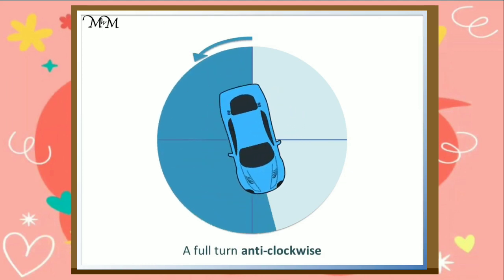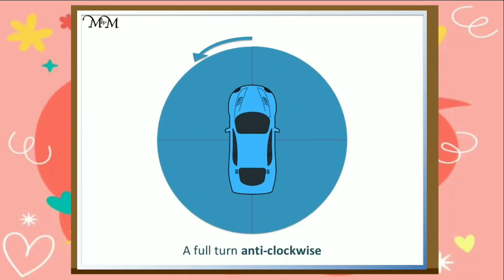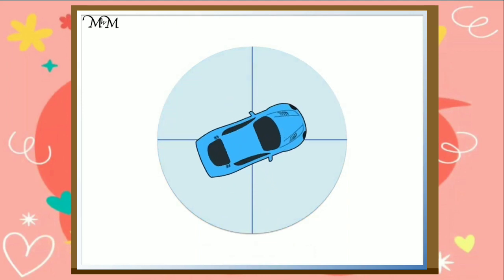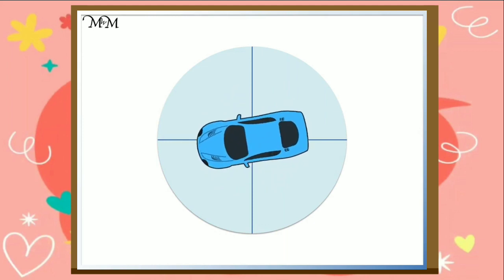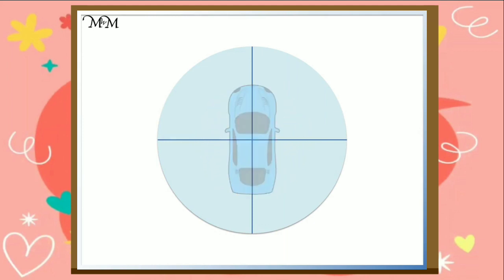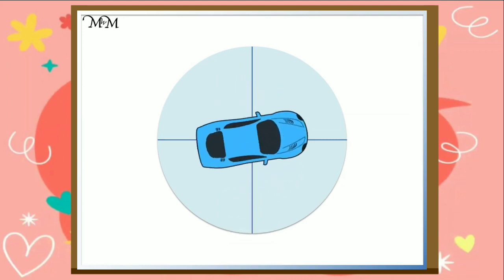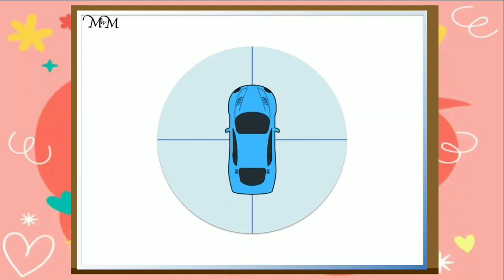Again, the car ends up back in its starting position. As we can see, with full turns, it doesn't matter whether the turn is clockwise or anti-clockwise. The result is the same. The car will end up in the same starting position.